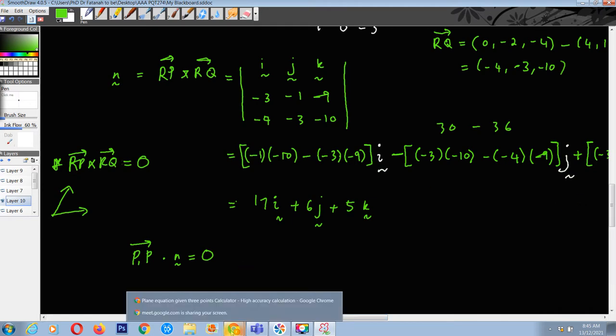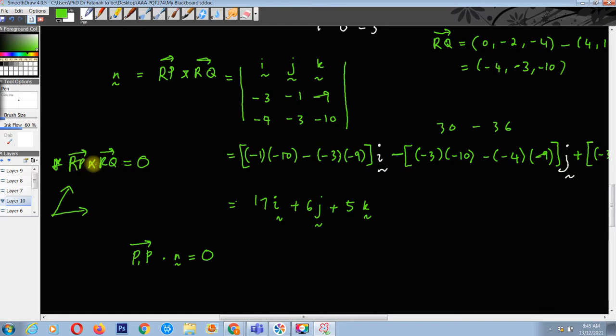We say that if PR cross RQ gives a perpendicular, but if it is 0, meaning there is no perpendicular plane, no normal. So the lines are already parallel to each other.